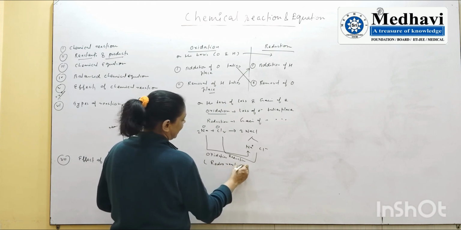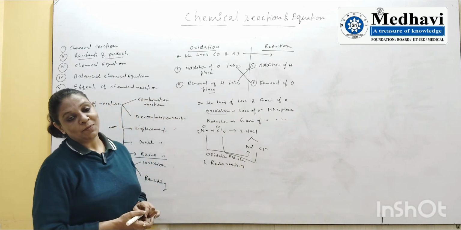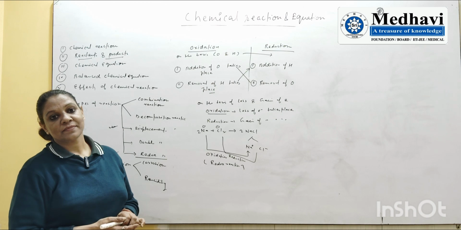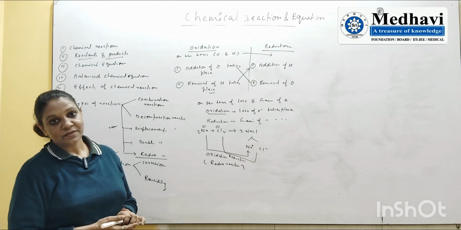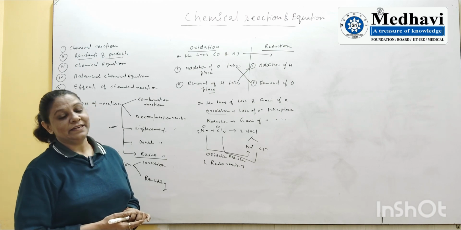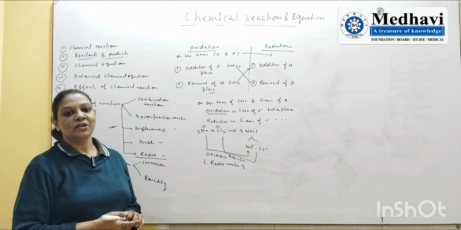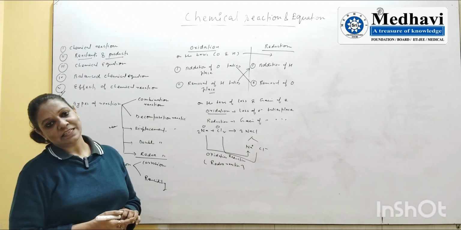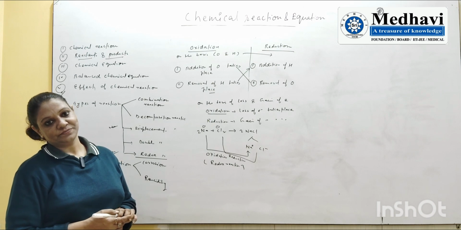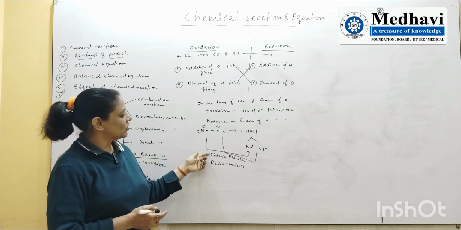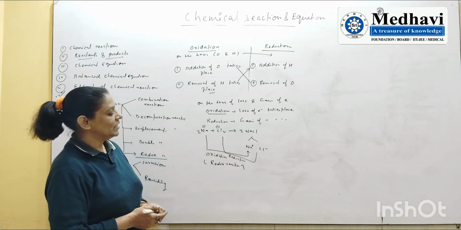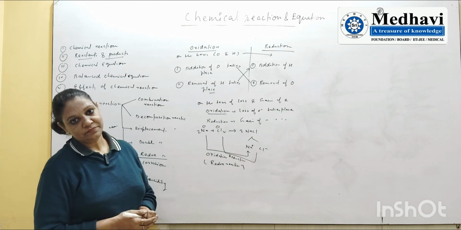So you can say that a redox reaction is a type of chemical reaction in which oxidation and reduction take place simultaneously. Here sodium is oxidized and chlorine is reduced.